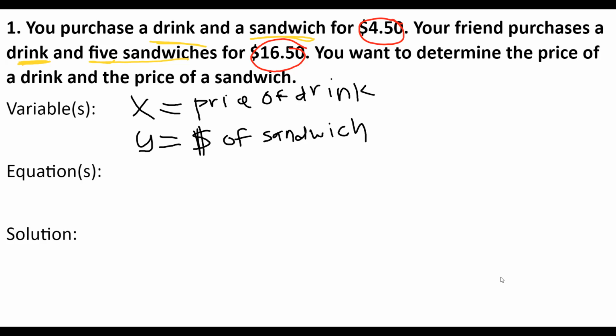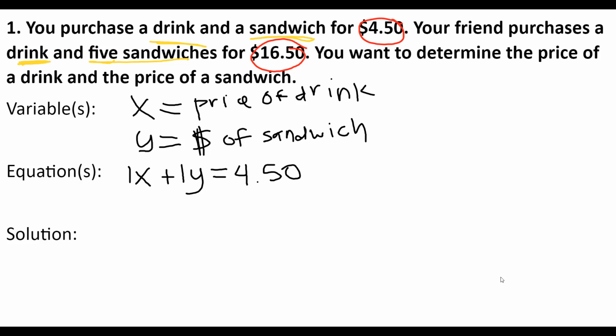So now that we have our variables defined, we can make our equation. You purchased 1 drink, and then you also purchased 1 sandwich, and that equals $4.50. So that's the cost of a sandwich and a drink, but we don't know the individual ones.